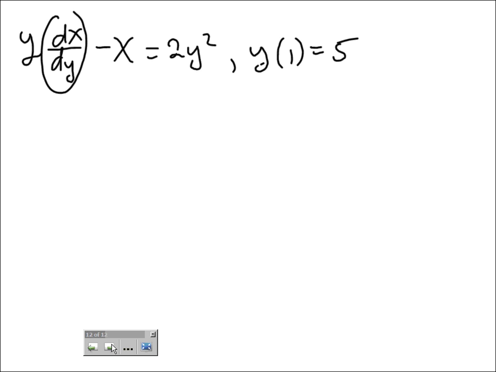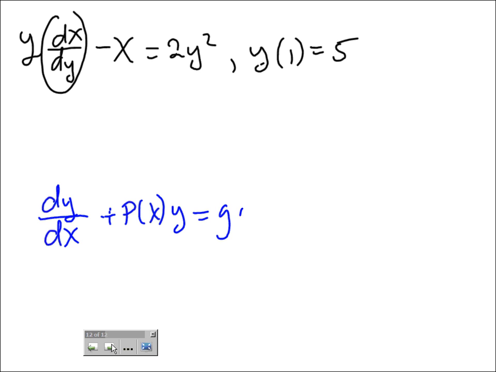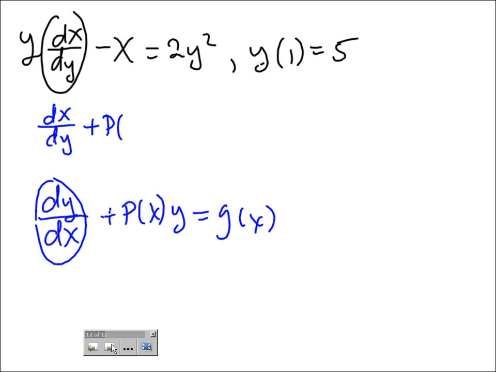So just remember, up to now, we wanted to get this. The x and y's were switched. If I switch the x and the y's here, I get dx/dy plus p of y times x equals g of y.